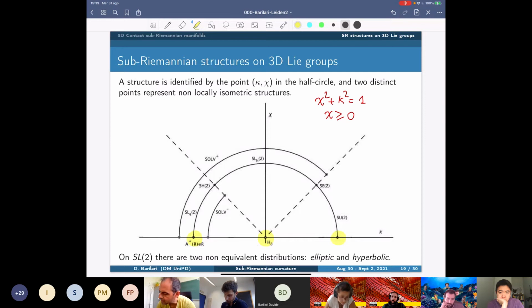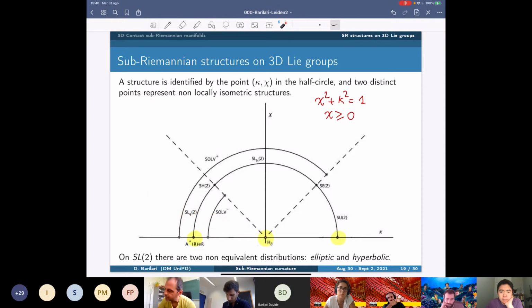So how can one read this picture? If the two invariants are 0, then you are the Heisenberg group. If you fix some values of chi and kappa that are not 0, essentially you are considering a line, and the intersection says that you have 3 different non-isometric structures with the same invariants.